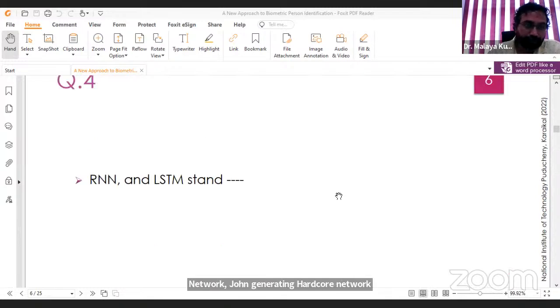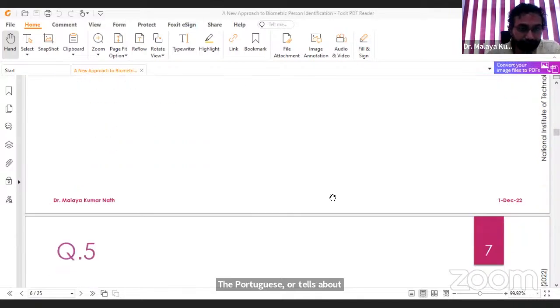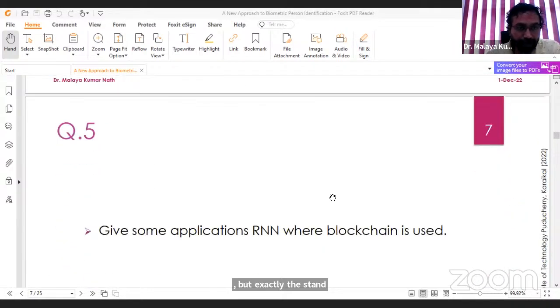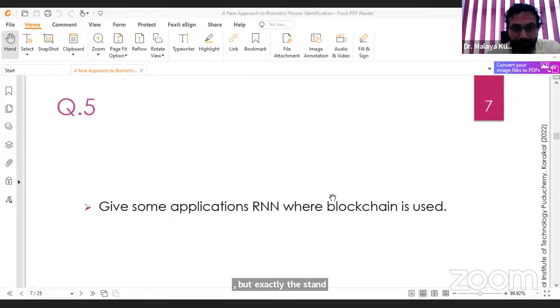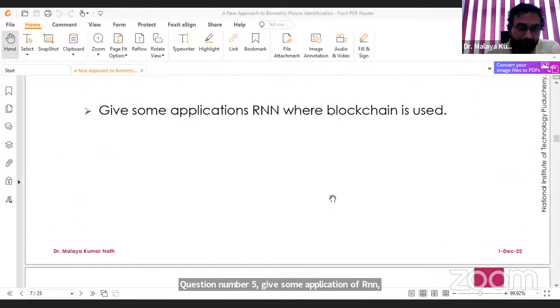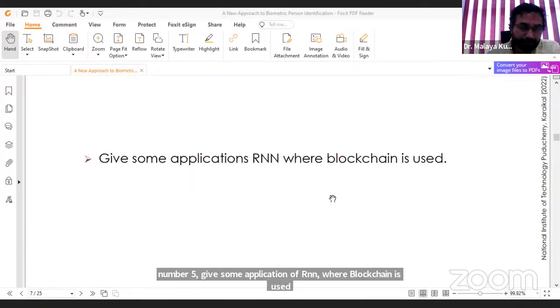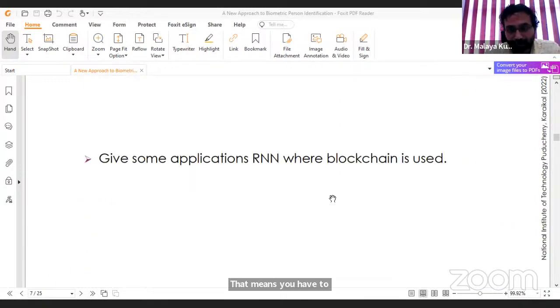The fourth question asks about RNN as well as LSTM, what exactly they stand for. Question number 5: give some application of RNN where blockchain is used. That means you have to specify the particular application where people have used blockchain as well as RNN.